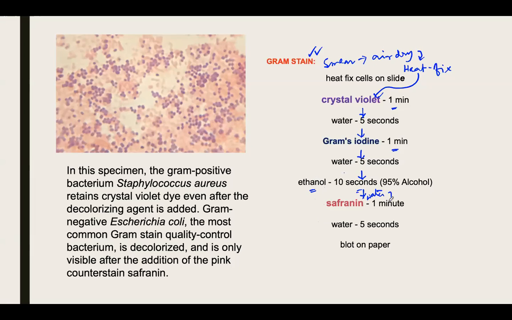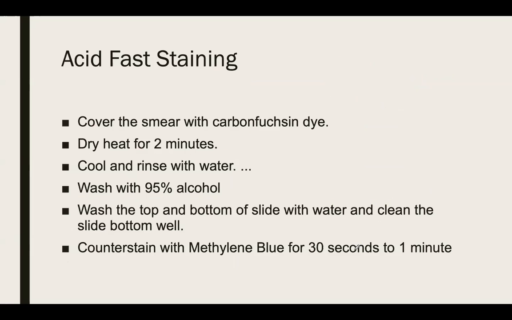After water, we use safranin for 1 minute. Then again water, and then blot the extra stain and the water, and you are done. So this is the exact process we use in lab to do the gram staining.